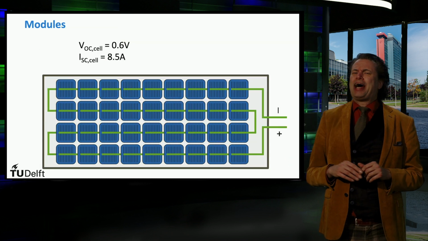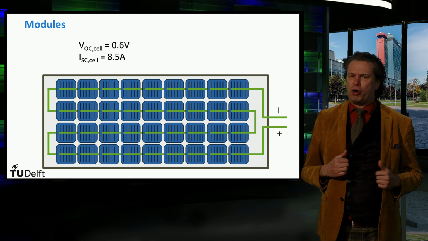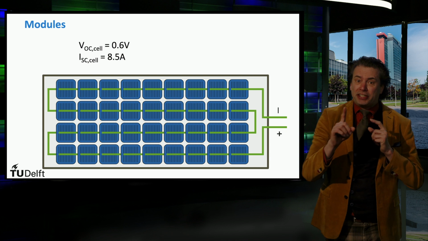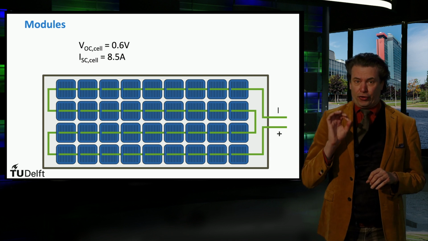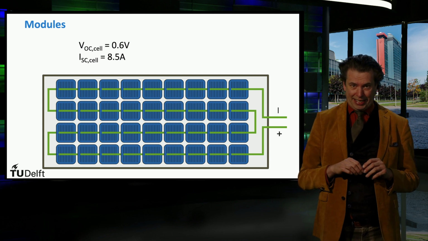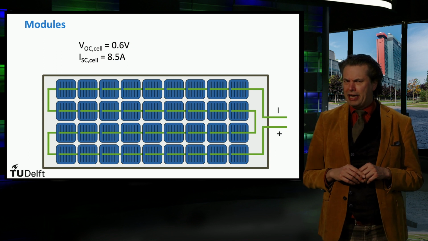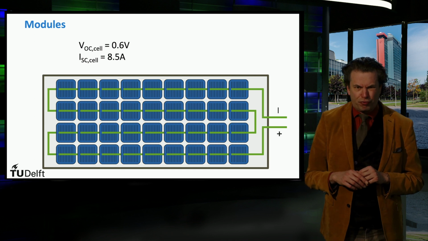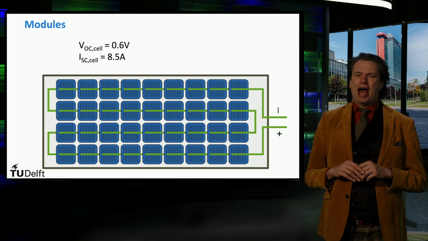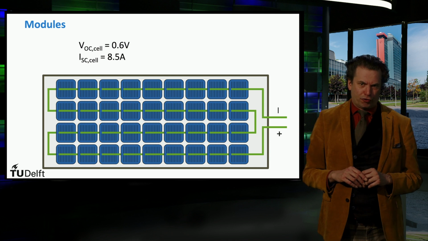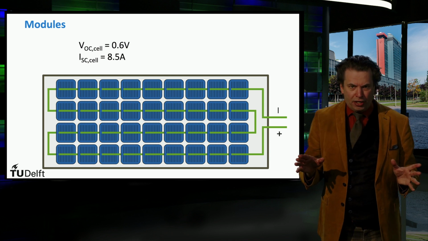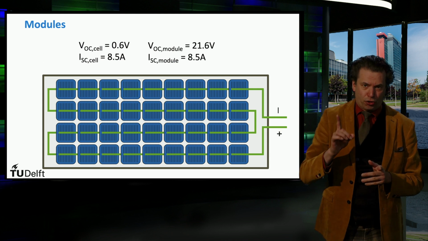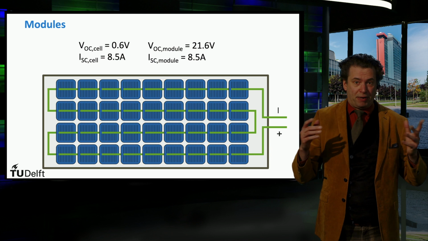Now we look at how we make a solar module out of an ensemble of solar cells. Here we see a solar panel that contains 36 solar cells connected in series. If a single junction solar cell would have a short circuit current of 8.5 amps and an open circuit voltage of 0.6 volt, it means that the current output of the module is equal to that of a single solar cell, which is 8.5 amperes.